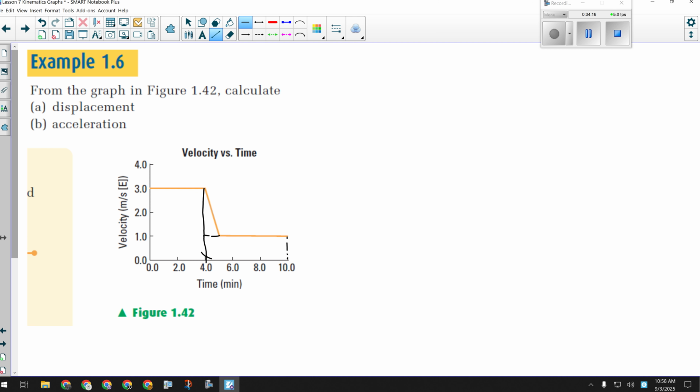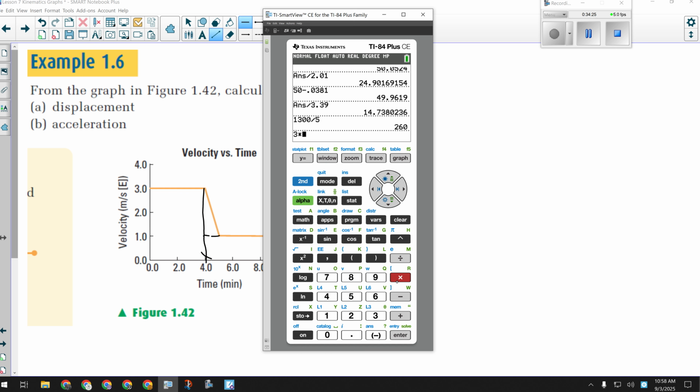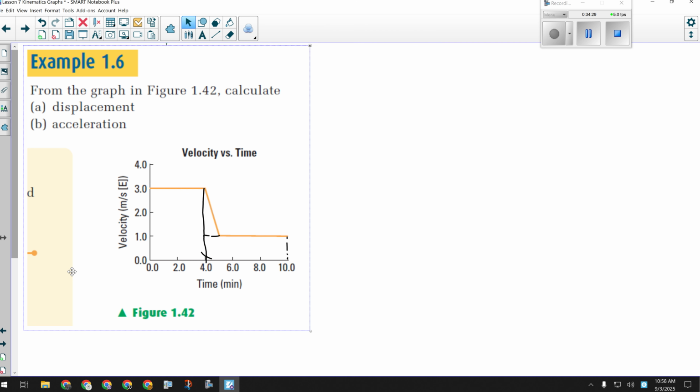So to calculate this one here, that's going to be 3 meters per second times 240 seconds. So that's going to be 720 meters. And then I'll do this rectangle too because that's fairly easy.